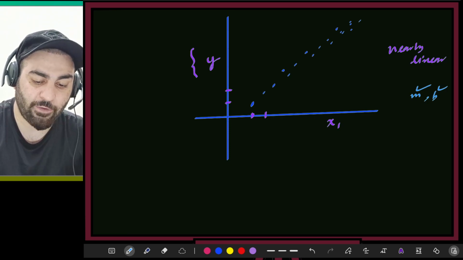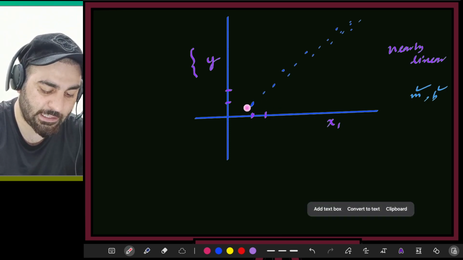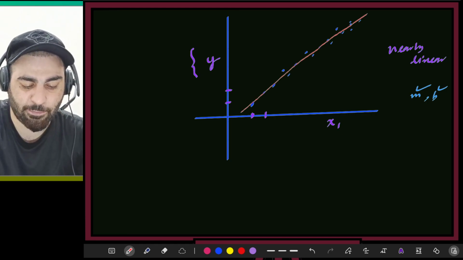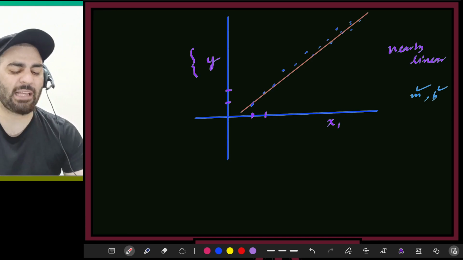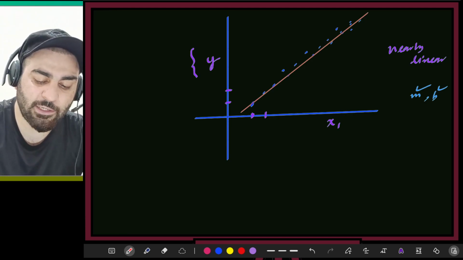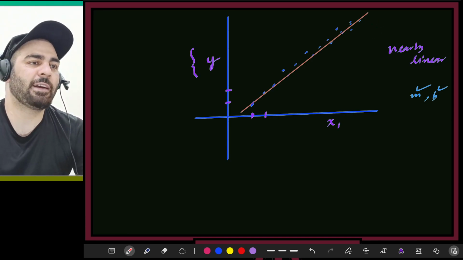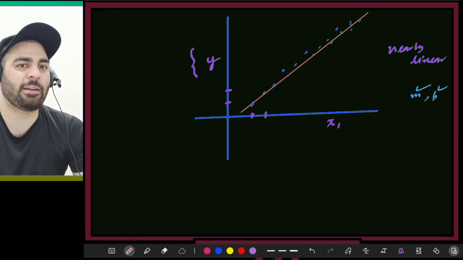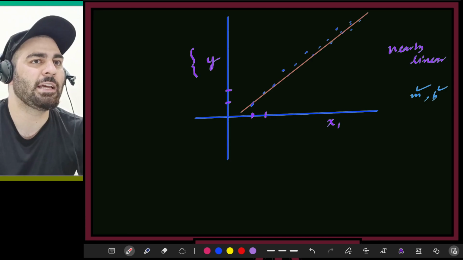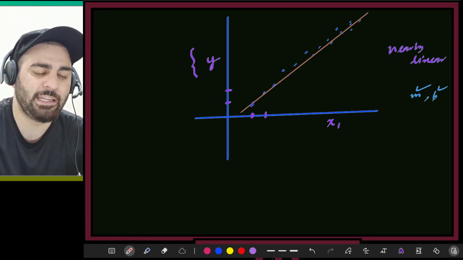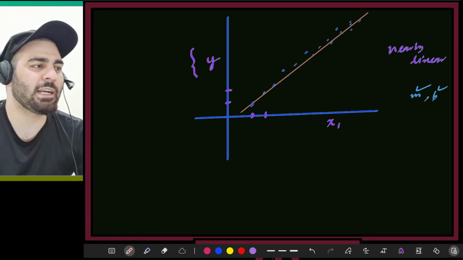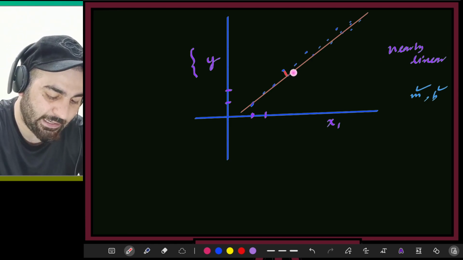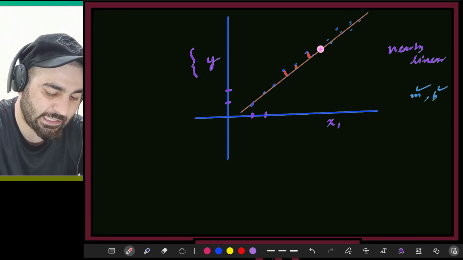If I try to draw the best line so that it touches maximum points, somewhat like this, you can still see that this line is not a perfect fit. The data looks somewhat linear, but there is non-linearity also. It is nearly linear, because if I fit a line onto it, I can somehow approximate the values. For this data point I'll get this error, for this one I'll get this error, and so on.